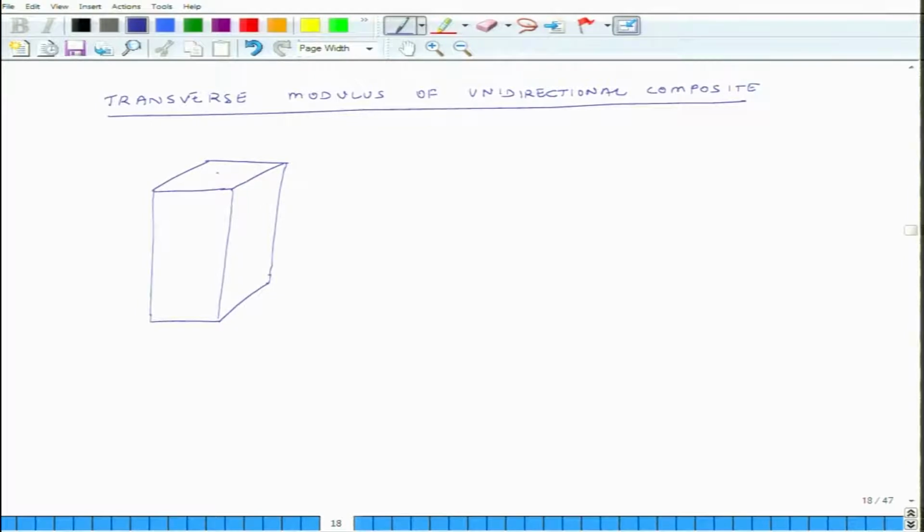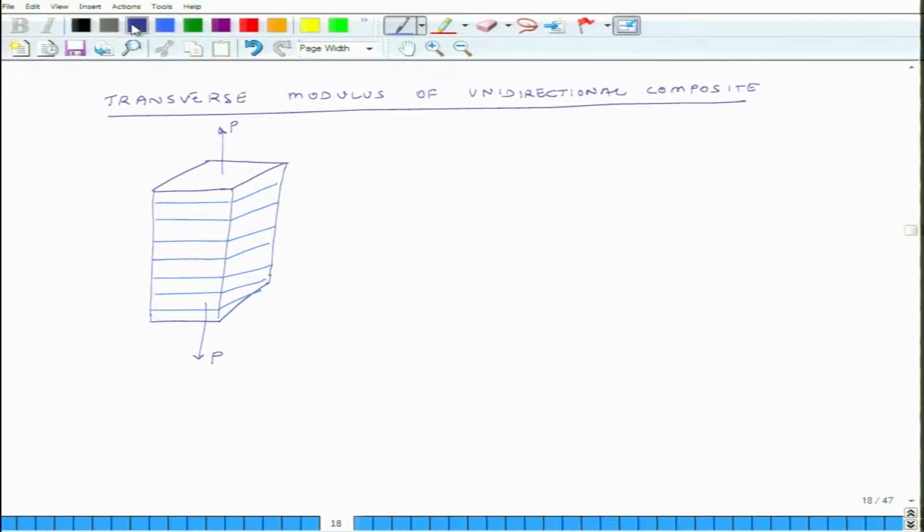What does that mean? So, let us say I am still loading it in this direction, but the fibers are not aligned with the direction of the load, rather fibers are at 90 degrees to the load. So, my fibers are aligned like this, and so on and so forth.